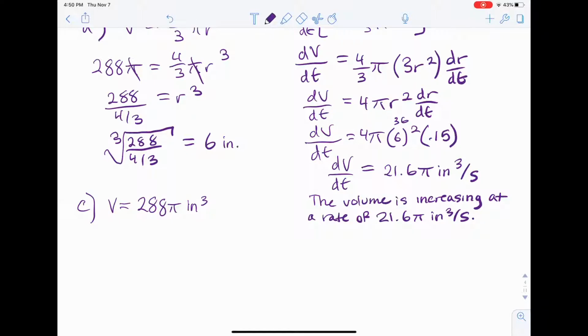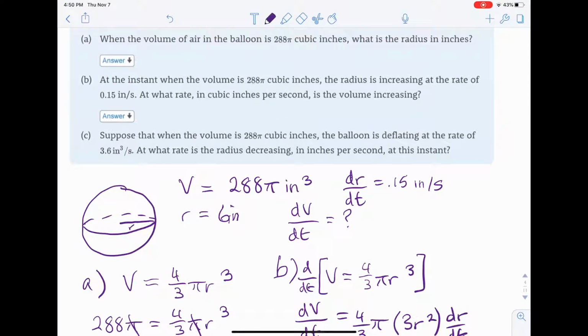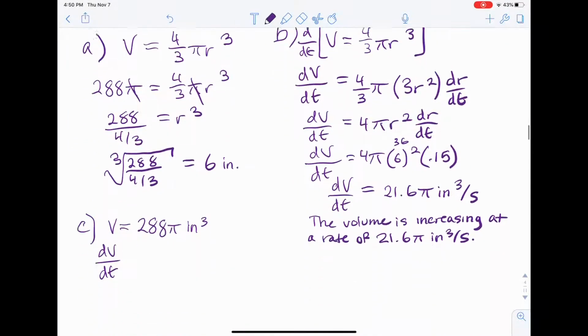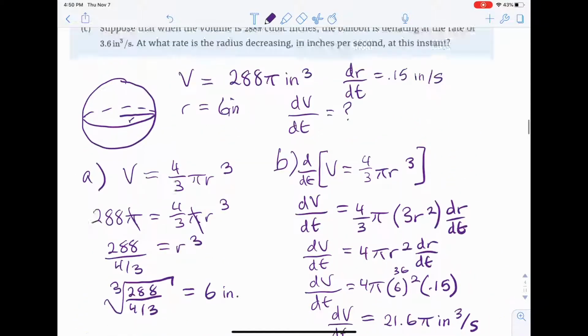And we now know that dV/dt, because it said that the balloon is deflating at the rate of 3.6 inches cubed per second, is negative 3.6 inches cubed per second, and you get the negative because it's decreasing right here.